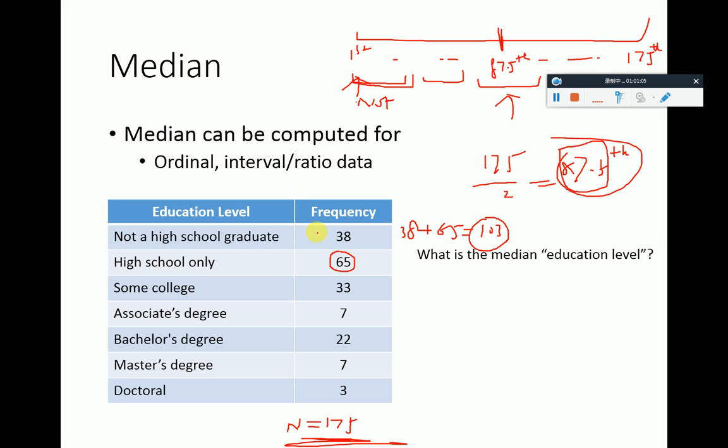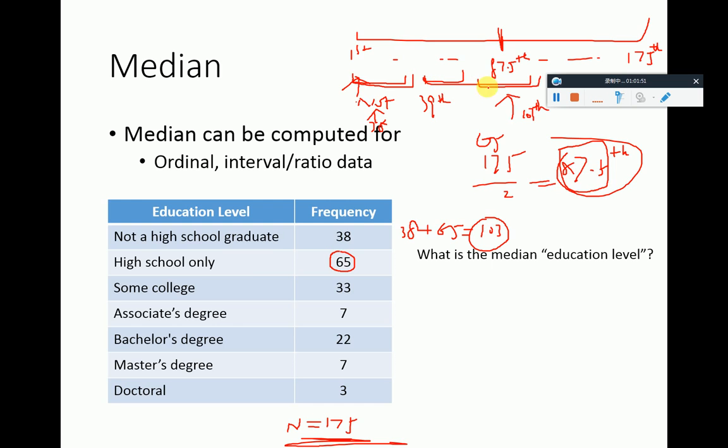But then from the 39th individual to the 103rd individual, there are 65 of them here, 38 of them here.